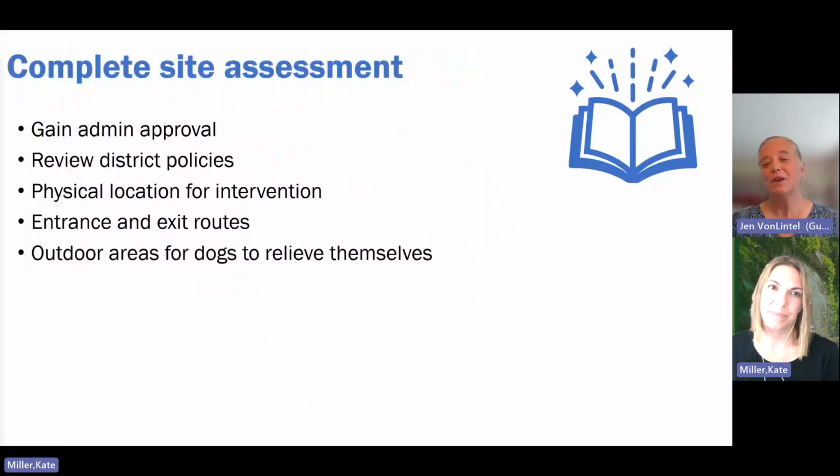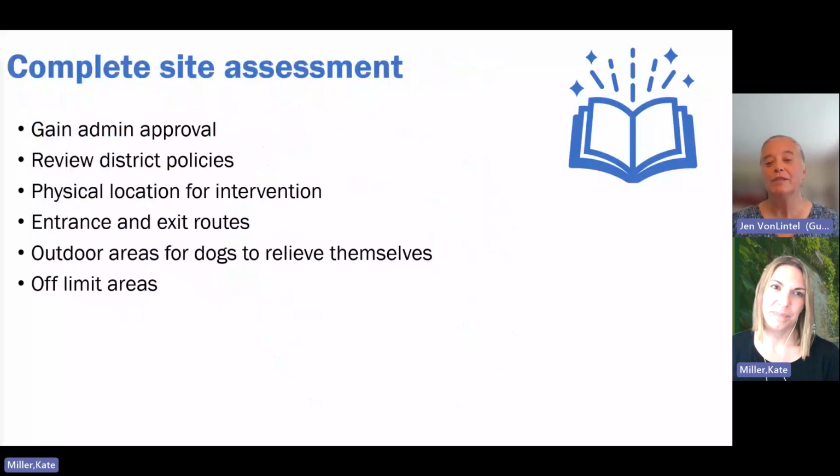The outdoor areas. So we have a no relief area that's pretty much our playground. And then at the front of the school, we have some fire hydrants, which are great relief areas for dogs. So identify those, make sure your handlers know where the best area at your school to do that is. And then off limits areas.